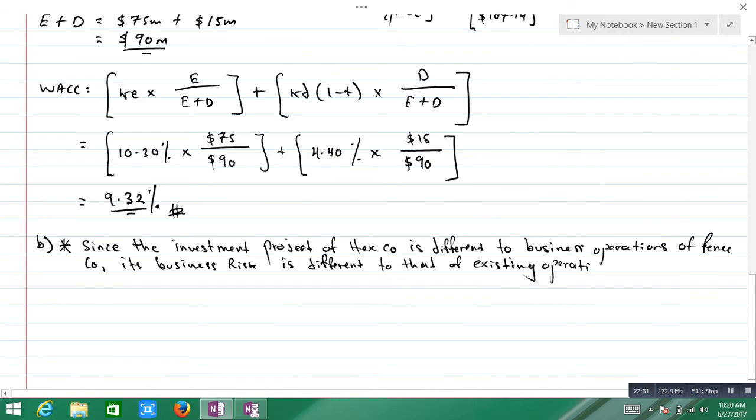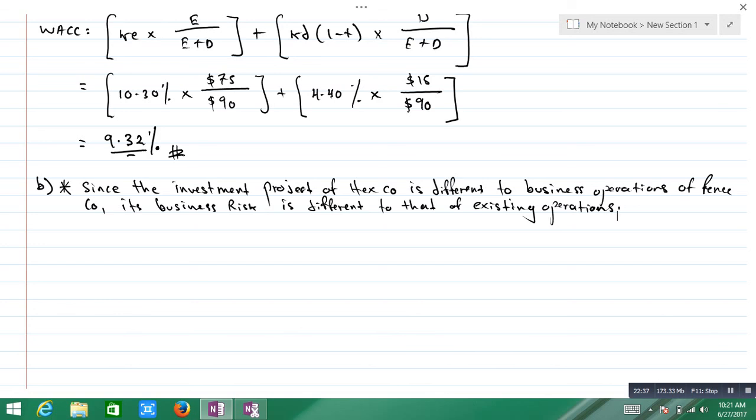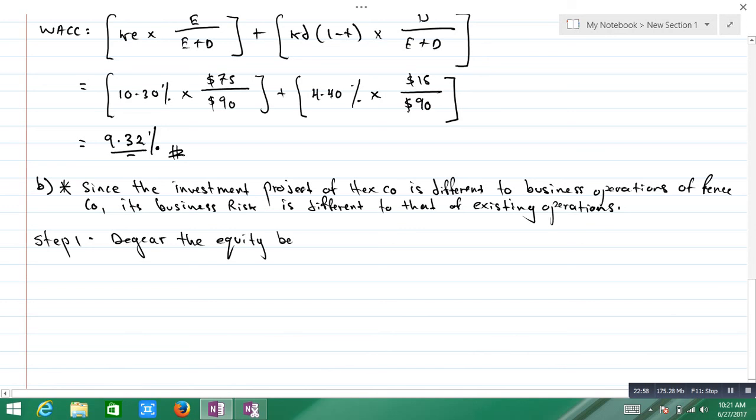De-gear the equity beta of Exco to find asset beta.